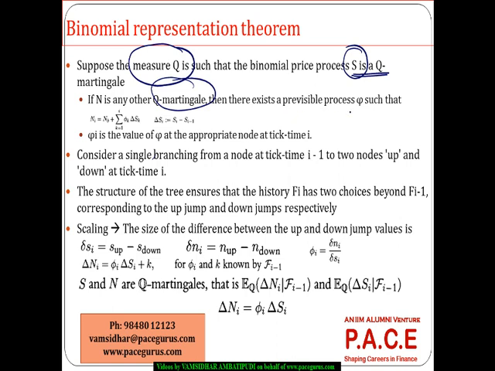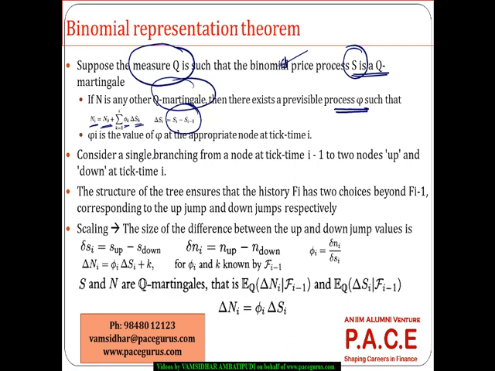Then what we are saying is there exists a previsible process phi such that N_i at the ith time period I can go with N_0 plus some phi times delta S_k, where S_k is coming from the price difference associated with the binomial price process.